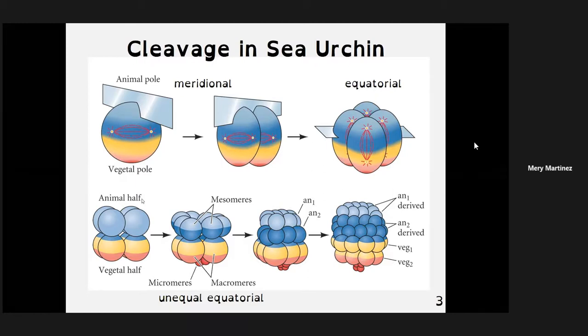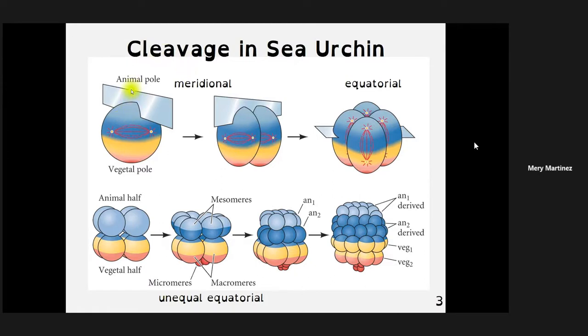In here, we have the first and the second cleavage. These cleavages are made at right angles to one another. So the first one was this one that we have here, and the second one is perpendicular to the first one. Okay, so right angles. So the cleavage furrow passes through the animal and the vegetal pole, and we call this one meridional cleavage.